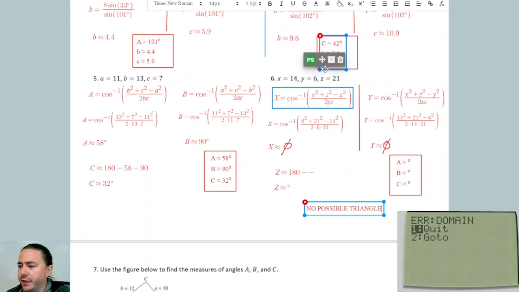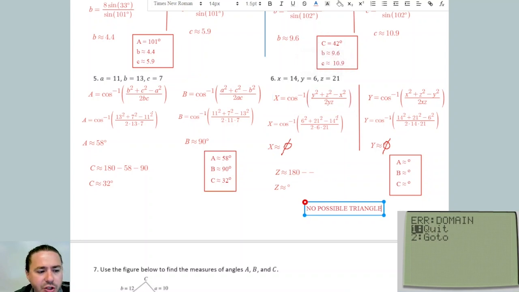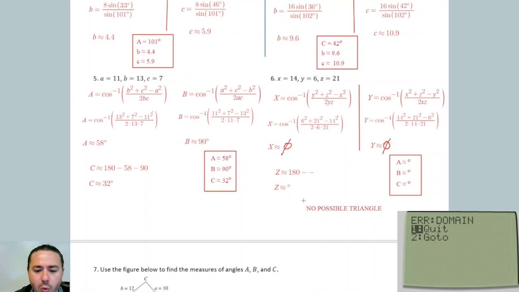One thing that you learned back in geometry are the requirements for having a triangle. The bottom line is if you add up any two sides, they've got to add up to more than the third side.